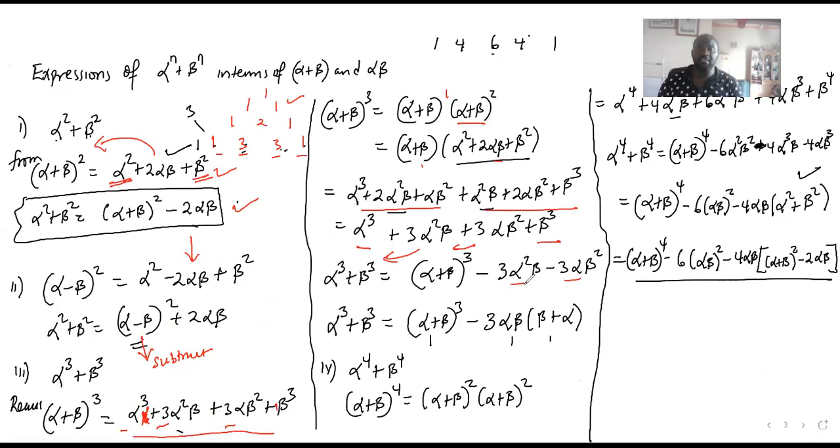It came from here. Take this screenshot. It came from expanding this one. You realize this is what you're looking for plus that one. Then you take all these two to the other side. That's how it came up to this, and we simplified. Okay.